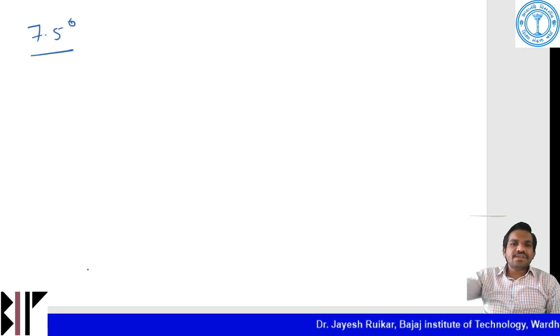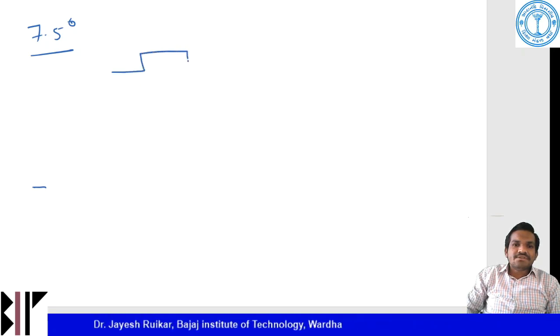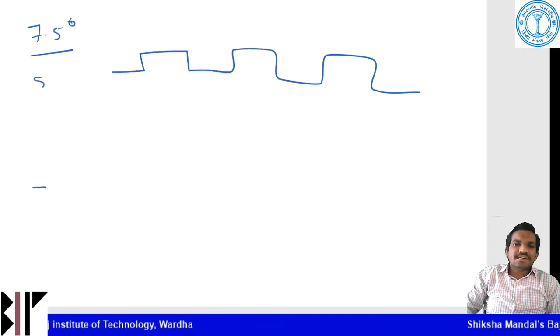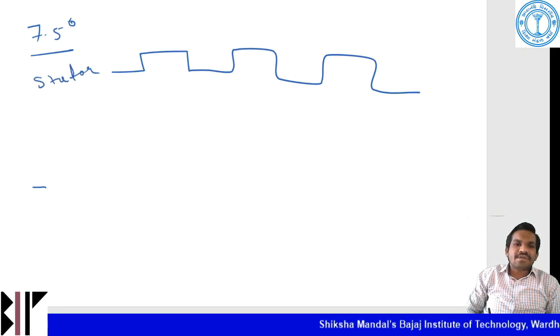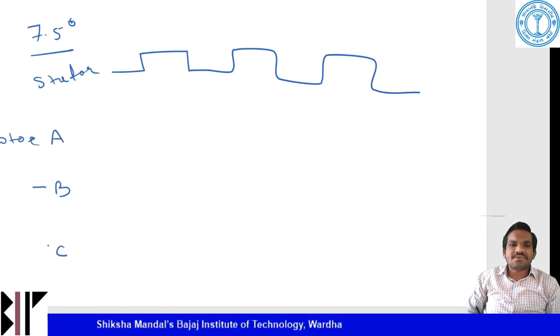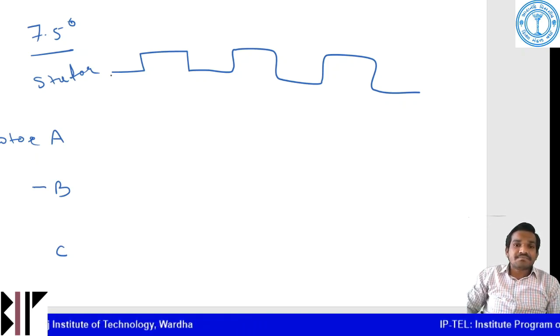So I'm just drawing one diagram. Here I will draw. This is my stator, and then I am drawing a rotor for A, for B, and for C. These are the three phases of rotor. The stator is also drawn in this diagram.